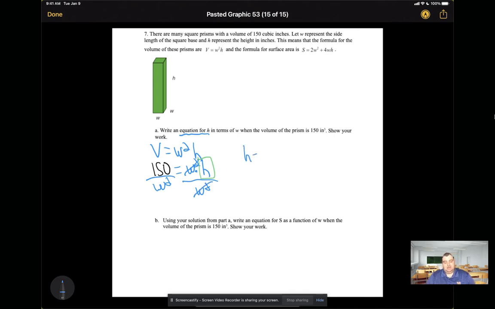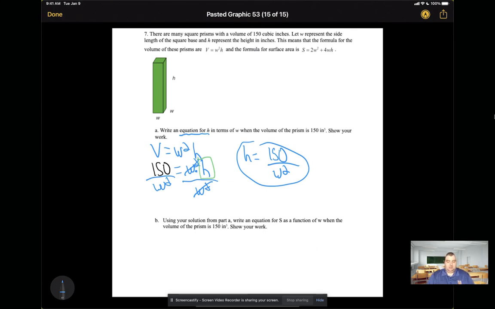And I will end up with H equals 150 over W squared. That is your answer for part A. Write an equation for H in terms of W. Right here, H equals 150 divided by W squared.